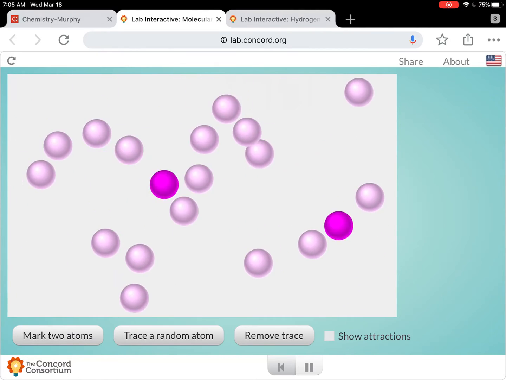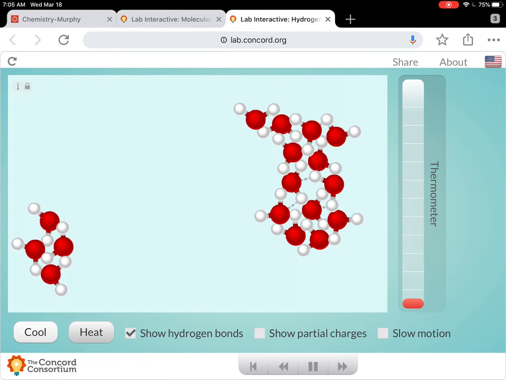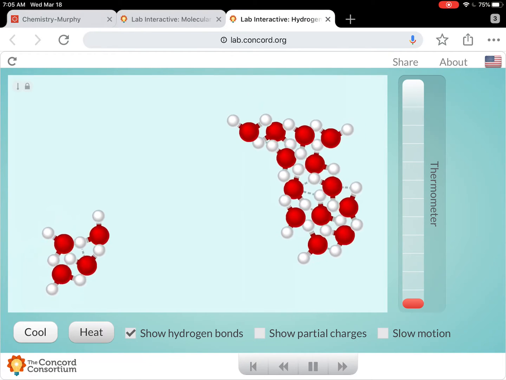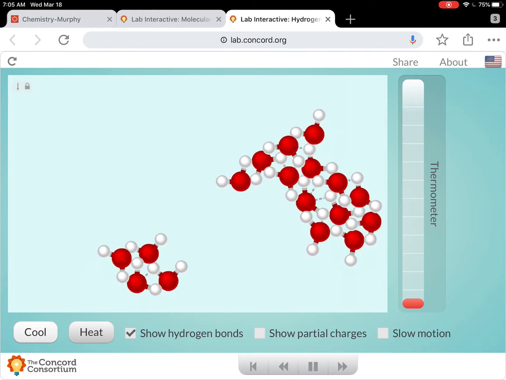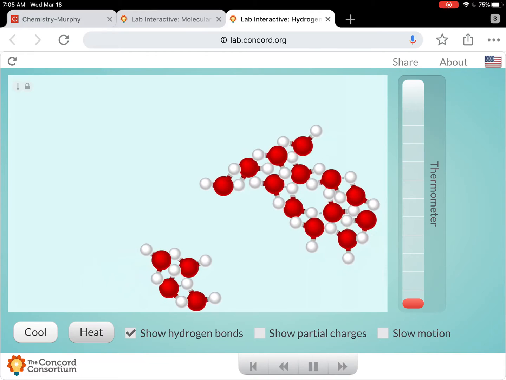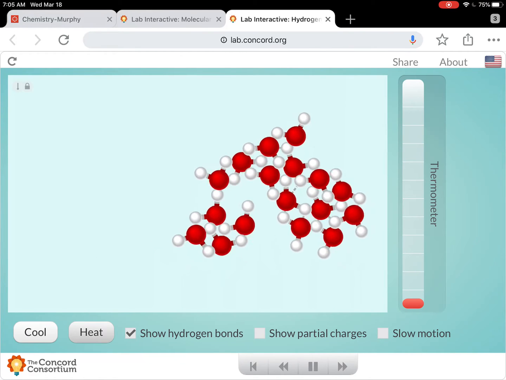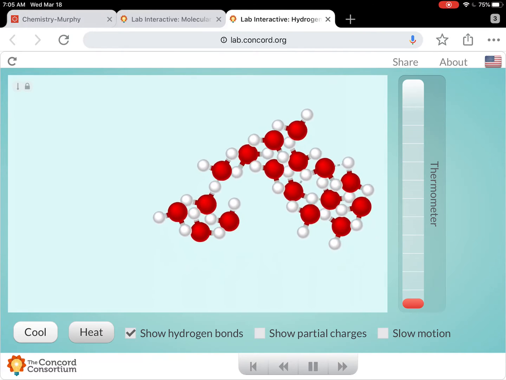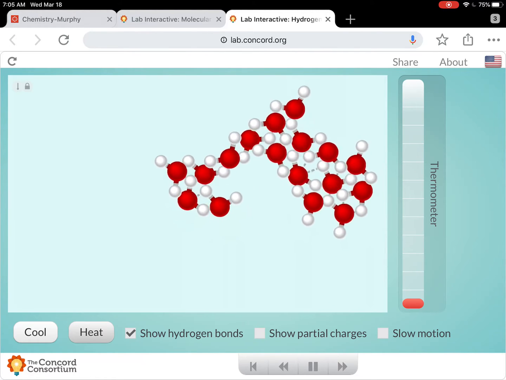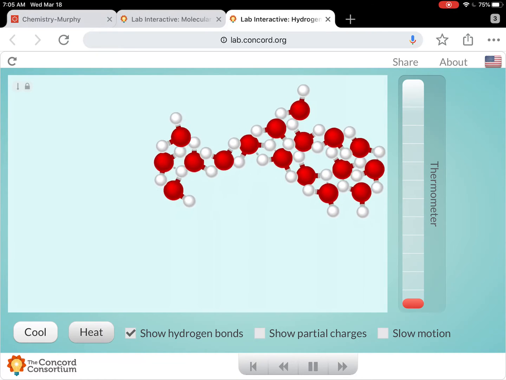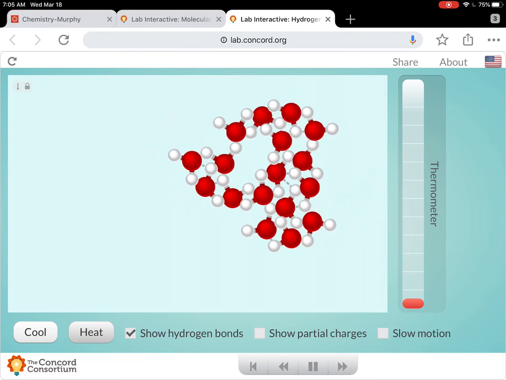And then let's compare and contrast over here. If I remove the heat, these don't really look like gas particles anymore. They start coming together, which I think is what we call condensation. So these gas particles are probably going to go into the liquid phase pretty soon, and then the solid phase, which we call ice.